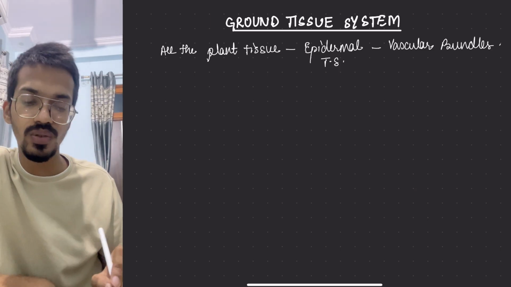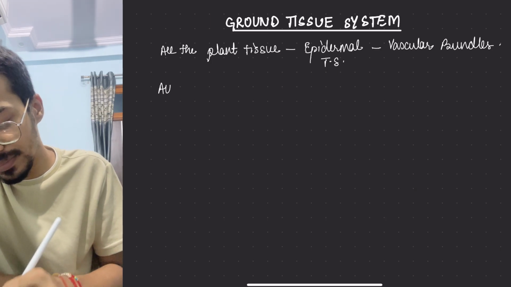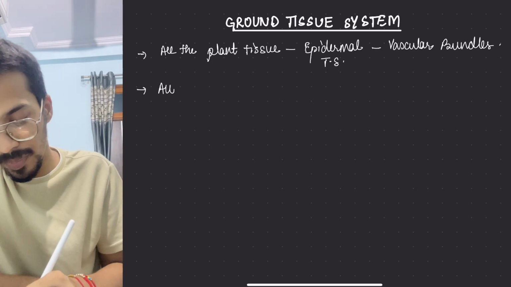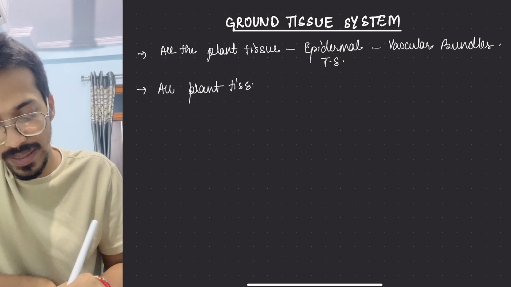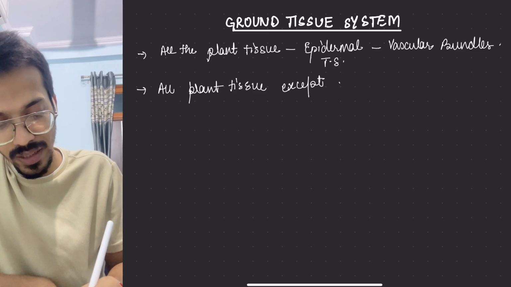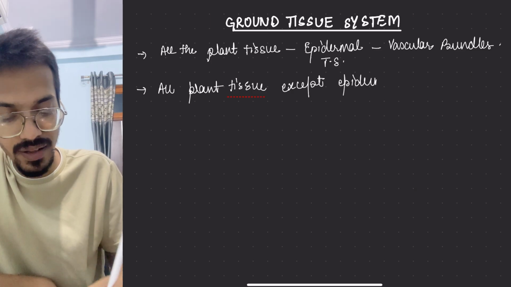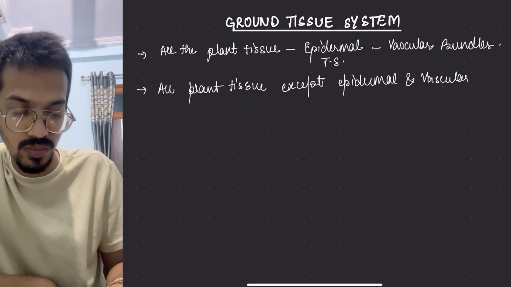So it can be written as all plant tissue except epidermal and vascular tissue.